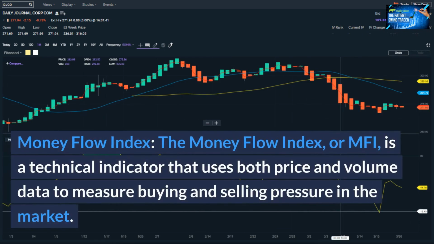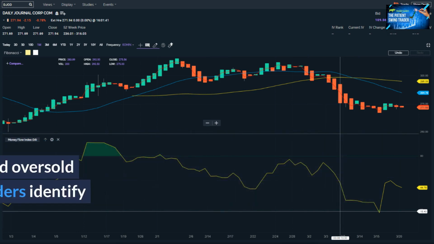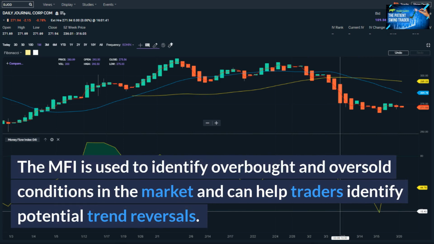Money Flow Index. The Money Flow Index, or MFI, is a technical indicator that uses both price and volume data to measure buying and selling pressure in the market. The MFI is used to identify overbought and oversold conditions in the market and can help traders identify potential trend reversals.